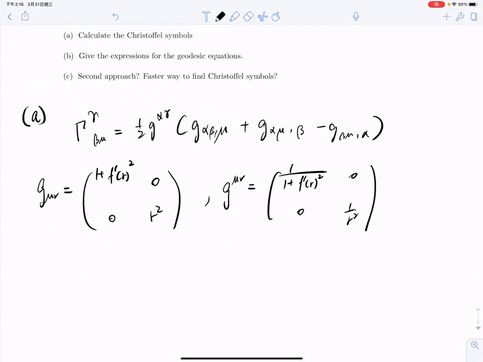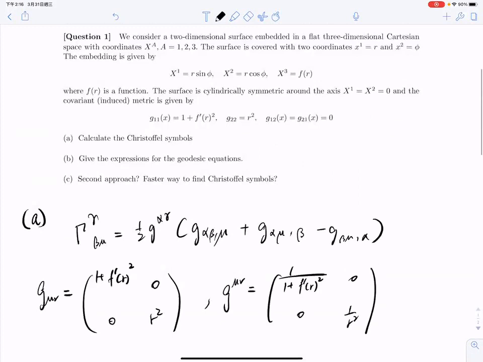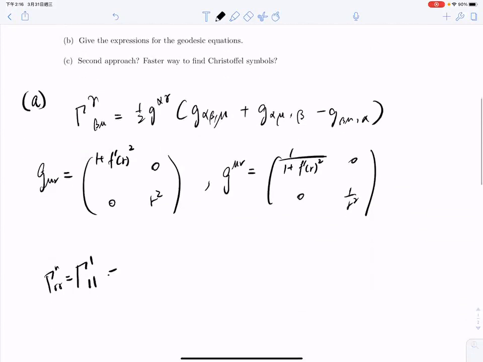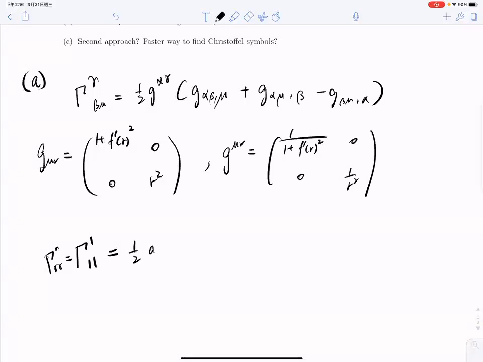For the Christoffel symbol, let us consider the first component, Gamma 1 1 1, which is rho rho rho. I write 1 1 1 instead of rho because here we use the notation x1, x2. It would be equal to G^{1 alpha} times the derivatives of G with respect to the first coordinate.